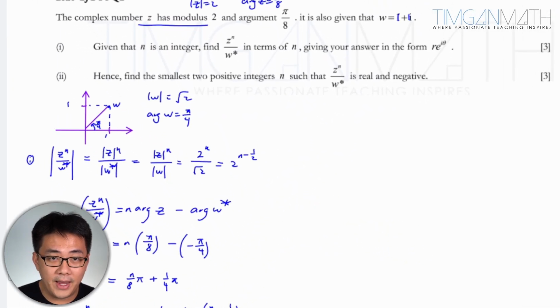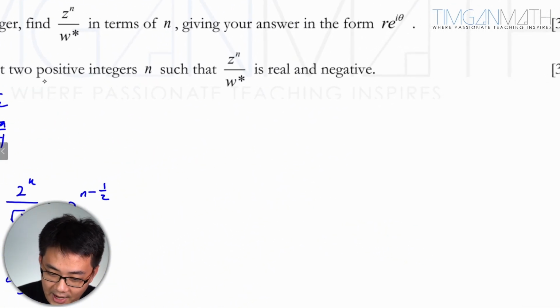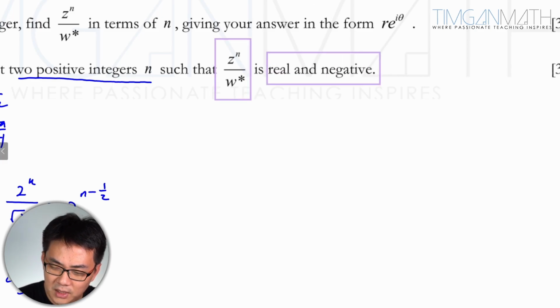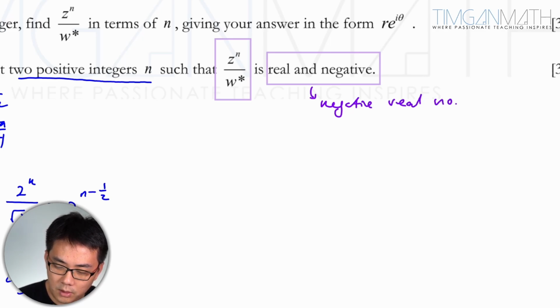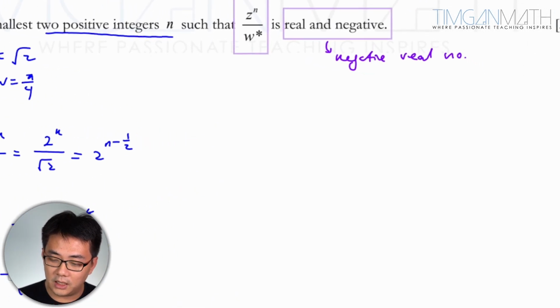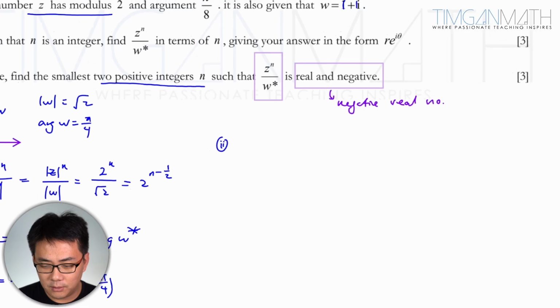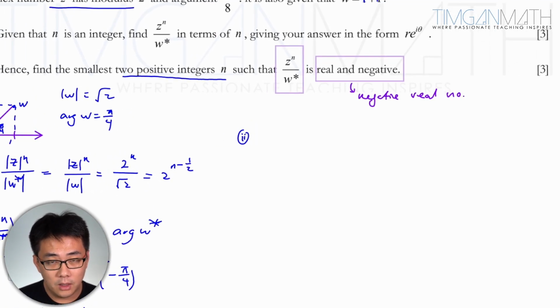So for the second part, hence find the smallest positive integer n such that this complex number here is real and negative. Real negative just means what? Negative real number. Okay, that's about it. You need it to be real and negative, meaning to say, how a number behaves is determined by its argument.